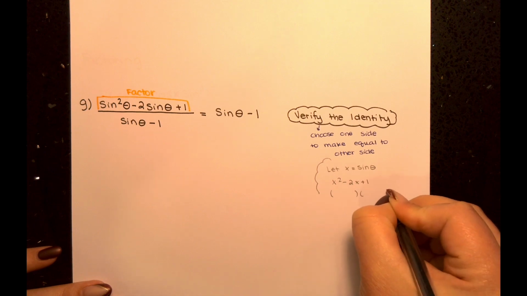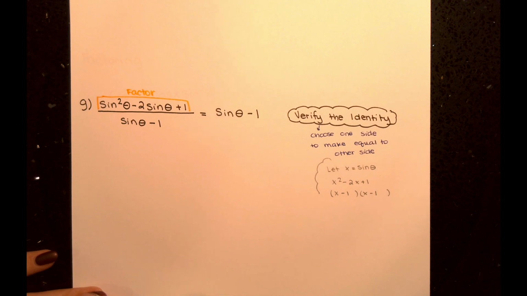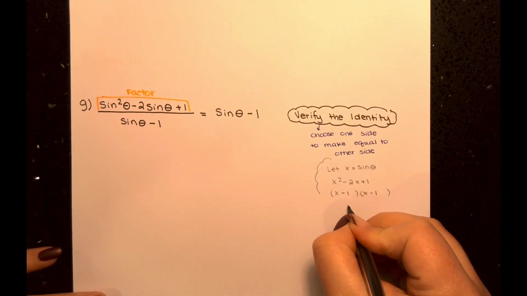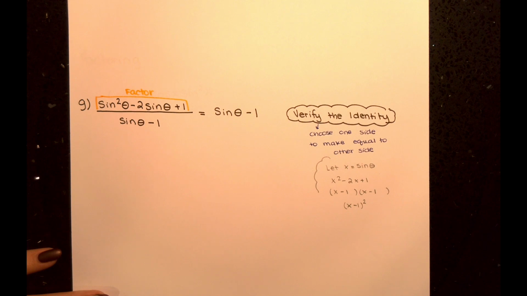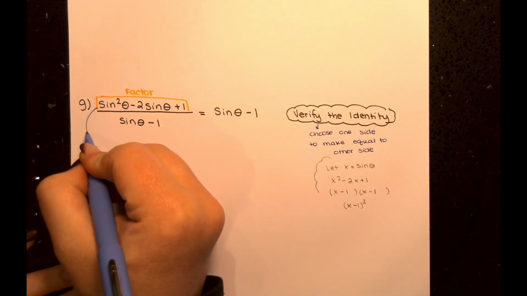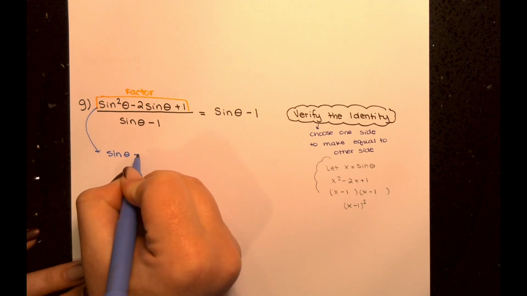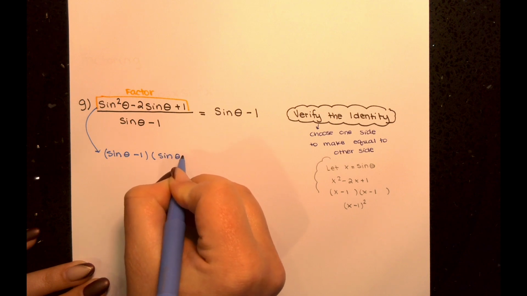This is guess and check. So x minus 1, x minus 1 is what you end up having. Or that means you have x minus 1 squared. But since x is sine, when you factor you get sine of theta minus 1 and sine of theta minus 1.